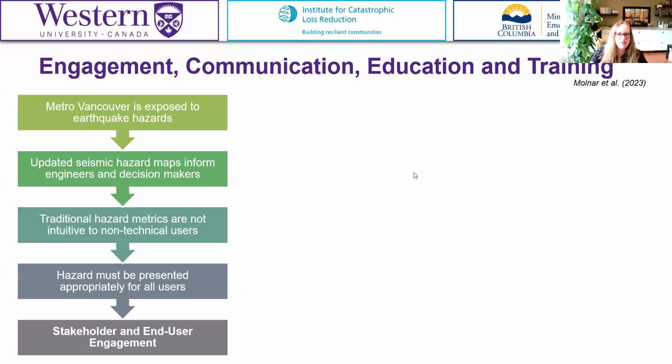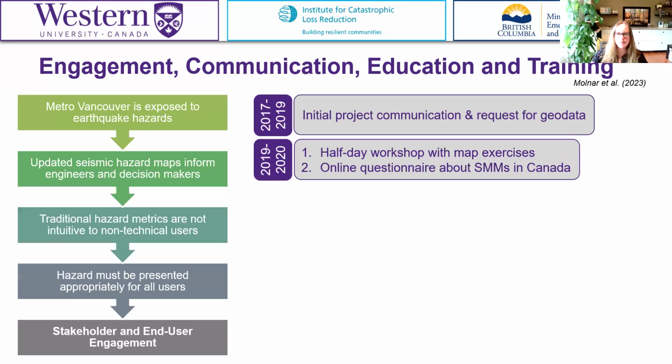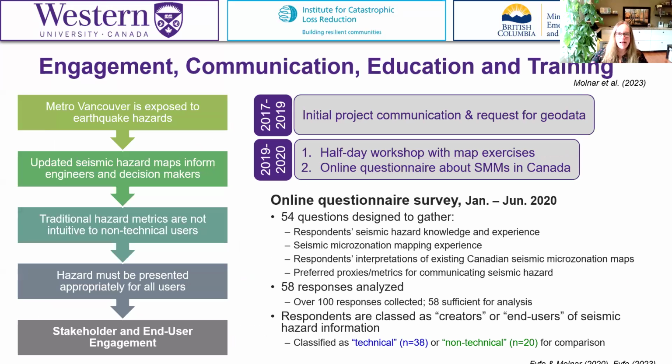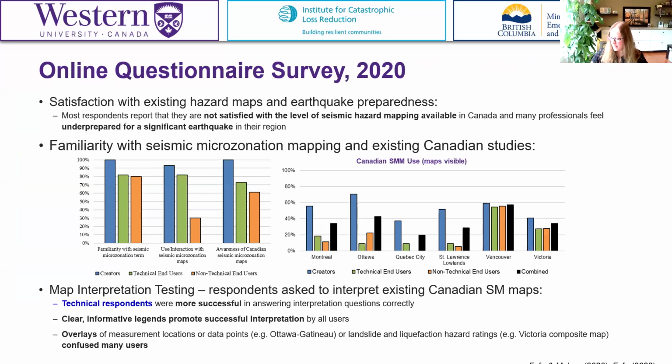So I'm going to skip over some of these slides about engagement, communication, education, and training for time, I think, in that you've just answered this question. We also sent out a survey back in 2020. So I'm not surprised by the feedback that you've provided, in that I make seismic microzonation maps. So I'm very aware of them in Canada. But honestly, I didn't know all of them when I started working on this project.